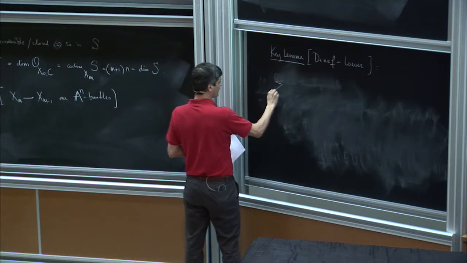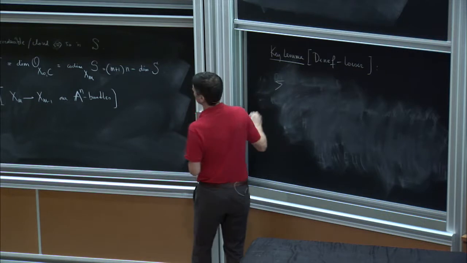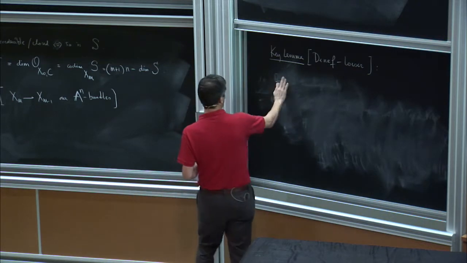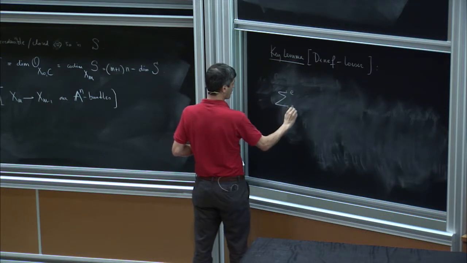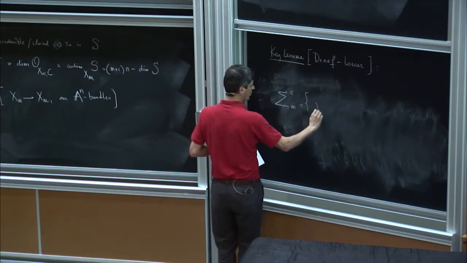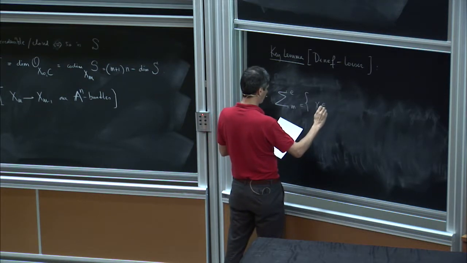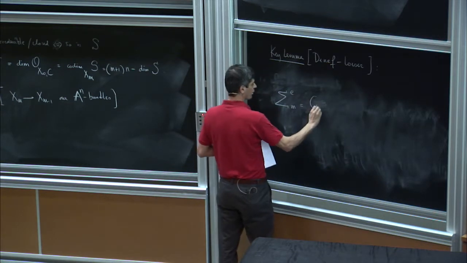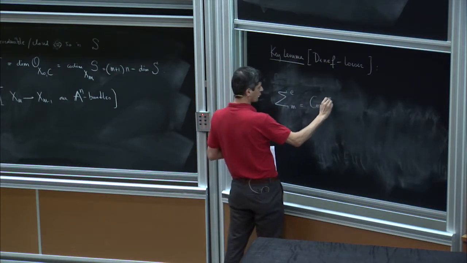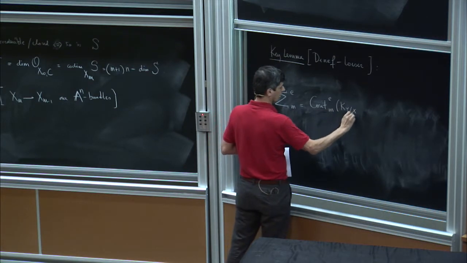Let me call it sigma_{e,m} to be all the jets in Y_m, some contact locus of order e, but at level m of the relative canonical divisor.